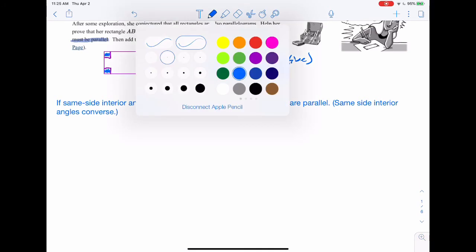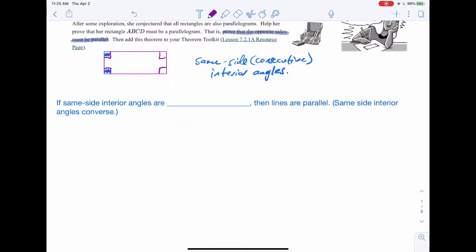Hopefully, you said supplementary. This is shown on that worksheet that is linked in the description.